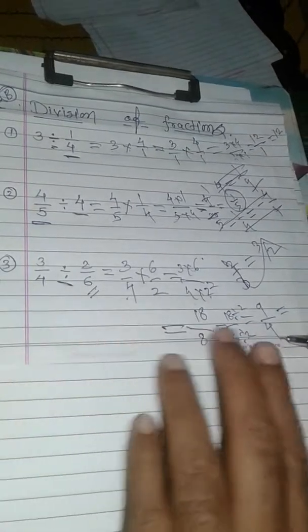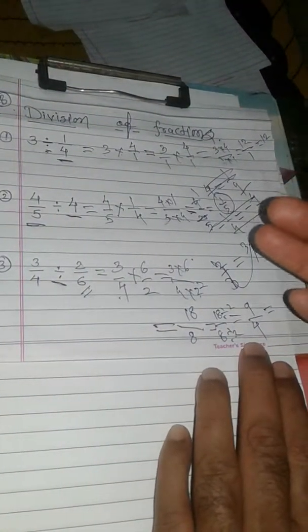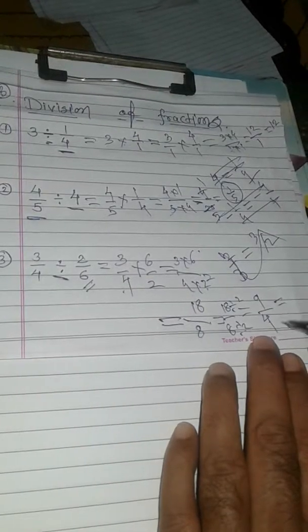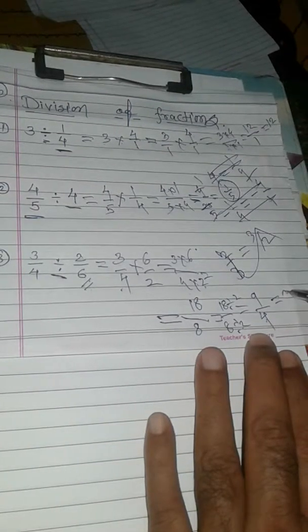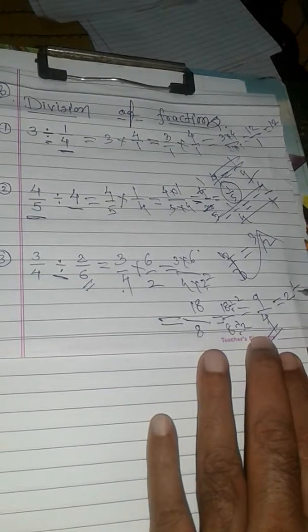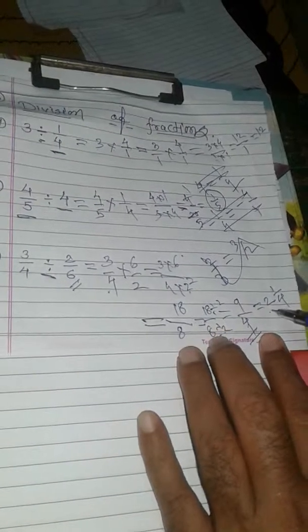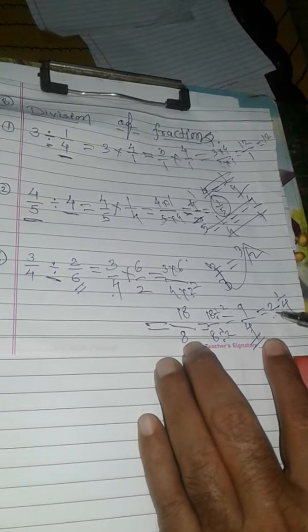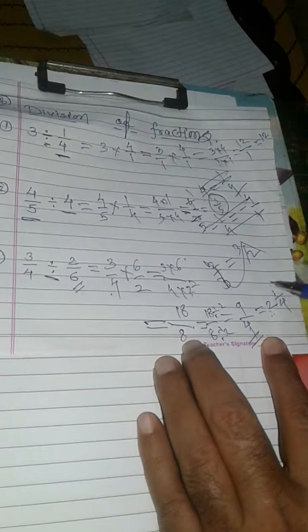Now 9 divided by 4, again it cannot be completely divided by any single number. Now here 9 divided by 4, 4 2s are 8, the remainder is 1 and the denominator is 4. Now it is a mixed number in the form of a fraction, understand? 2 integers and 1 by 4 is the answer.